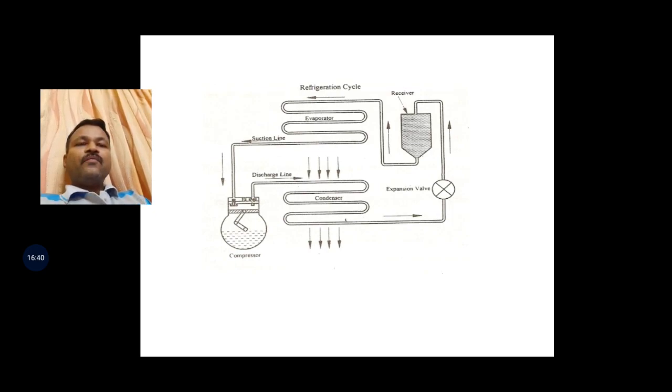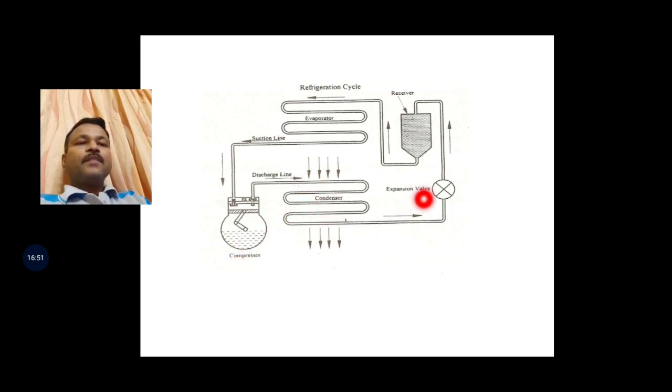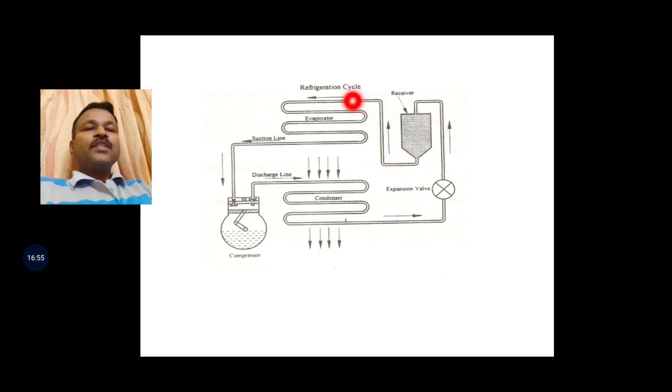So next we are going for the concept of refrigeration cycle. You can see the compressor here, then condenser, expansion valve, this is the receiver, and this is the refrigeration cycle, this is the suction valve.